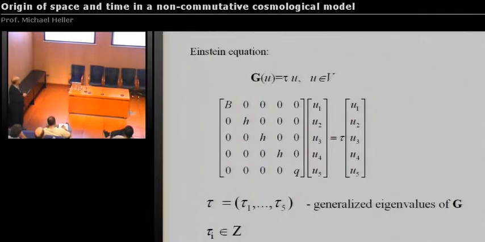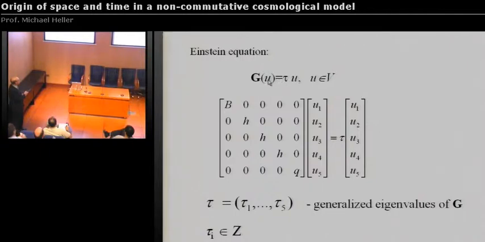A very important thing here is that there is no matter. There is no energy-momentum tensor in this equation. It is a purely geometric equation: the Einstein operator and its eigenvalue equation. And this equation has such a form.